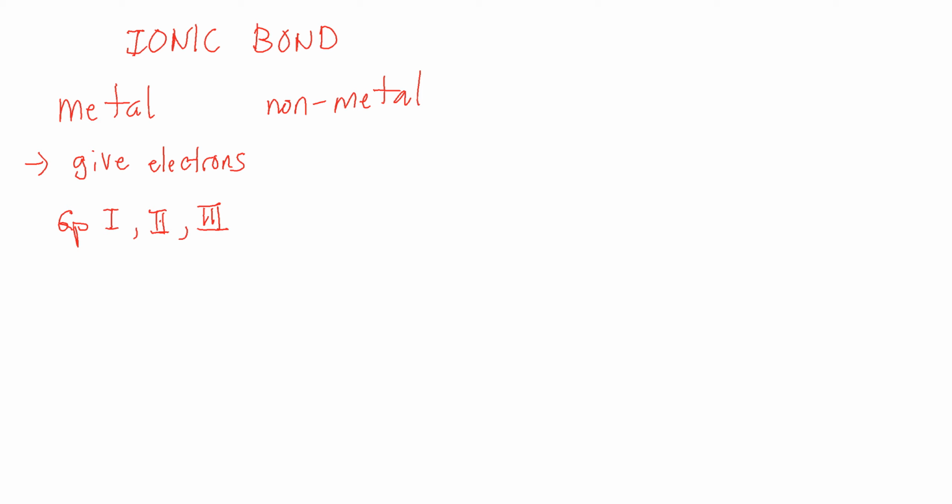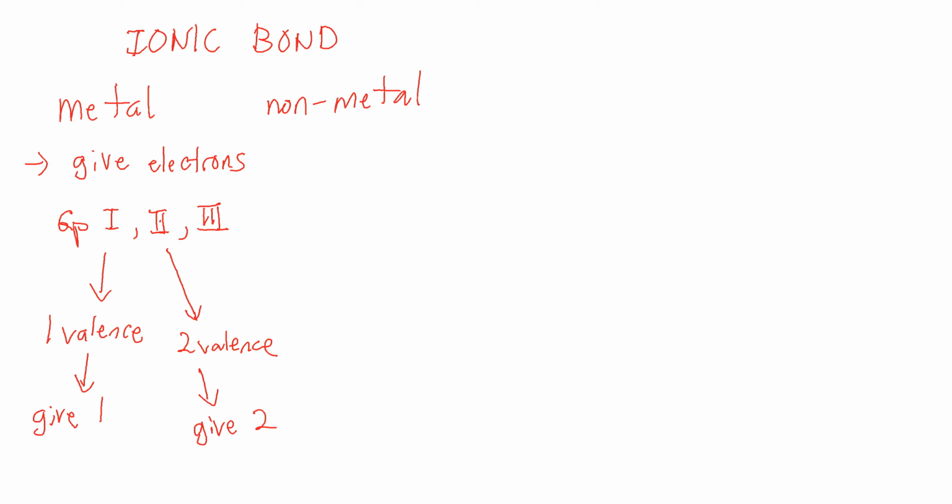So, group 1 metals have one valence electron, and the only way to become stable is to give away that one electron. Group 2 metals have two valence electrons, so the only way to become stable is to give away those two electrons.